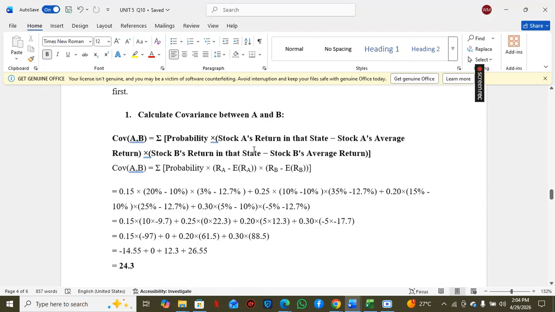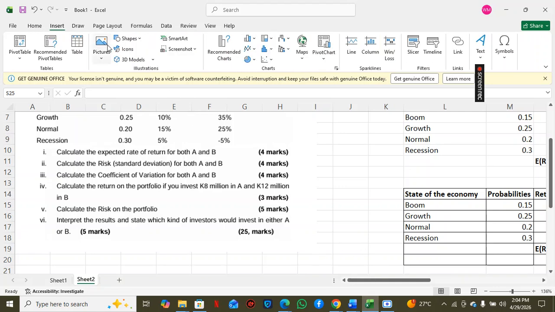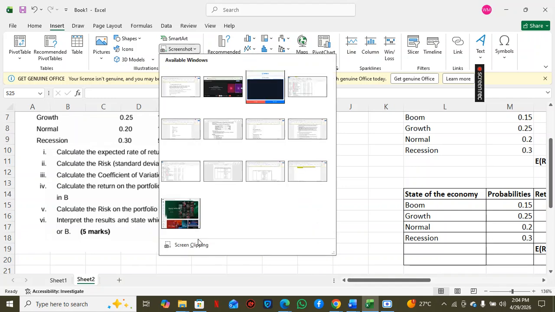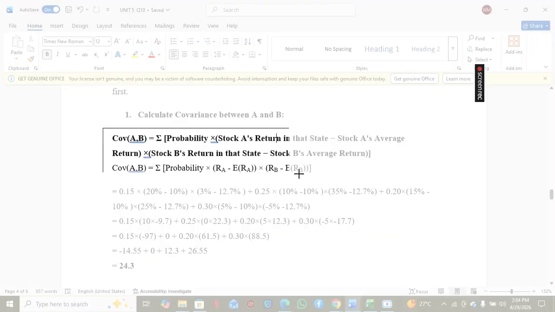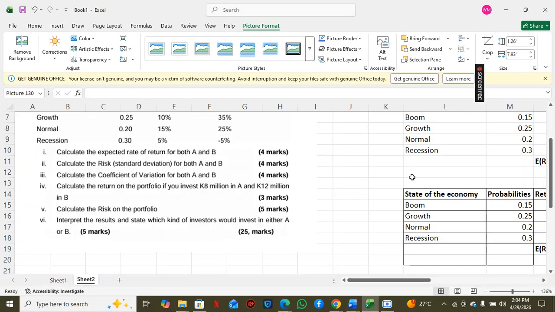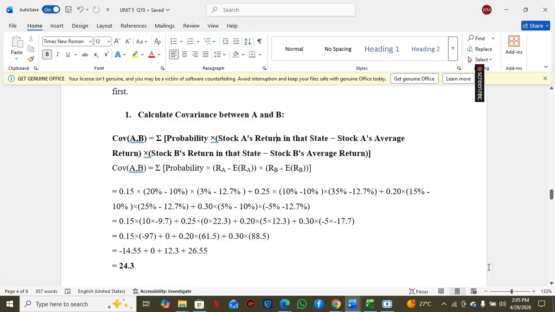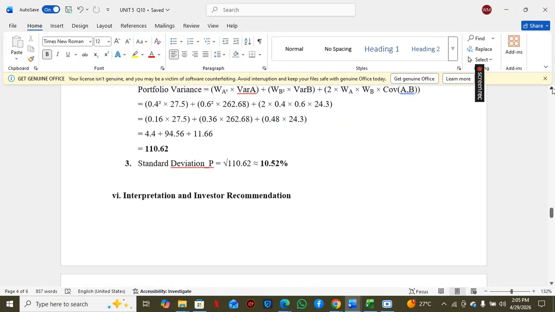So this is the formula for the covariance. Let me bring it to Excel here. You need to calculate the covariance because here's the formula for the risk of a portfolio.